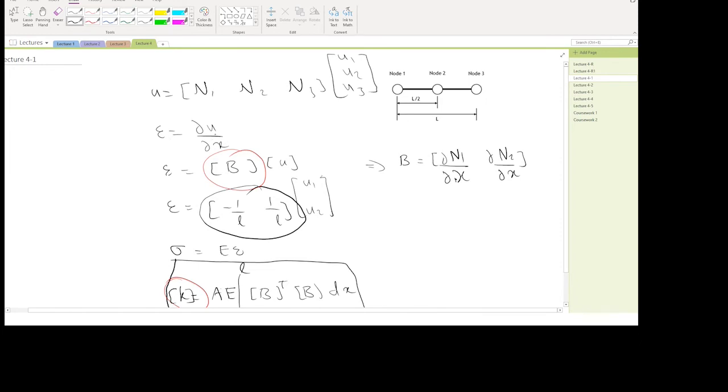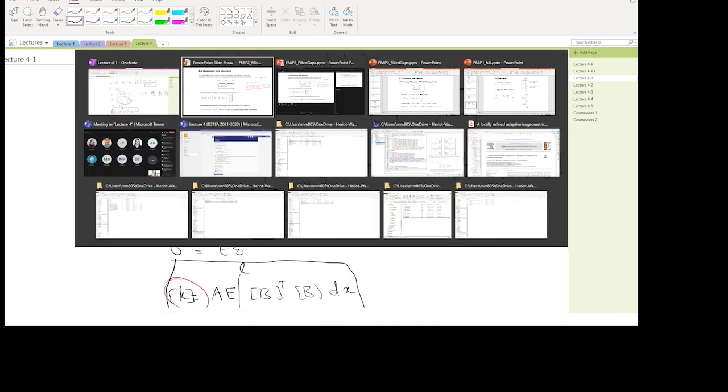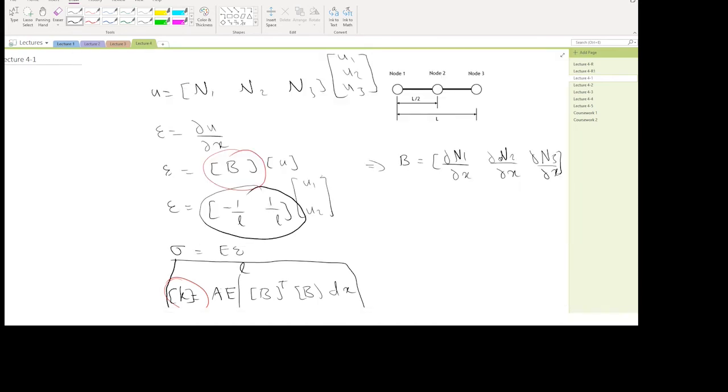The strain is still the derivative of the displacement and still the B matrix multiplied by U. But now the B matrix is the derivative of 3 shape functions. It's not just 2 shape functions. So the B matrix is going to be the derivative of N1 with respect to X, the derivative of N2 with respect to X, the derivative of N3 with respect to X. And then this needs to be written like a matrix.